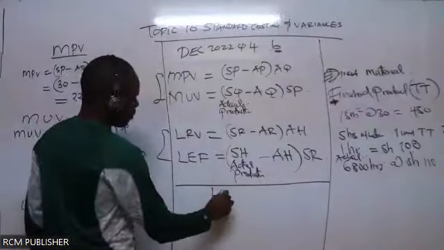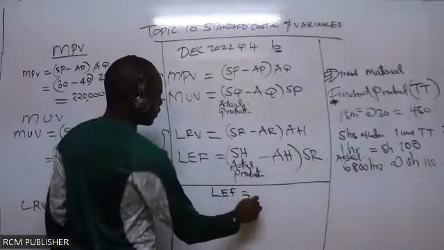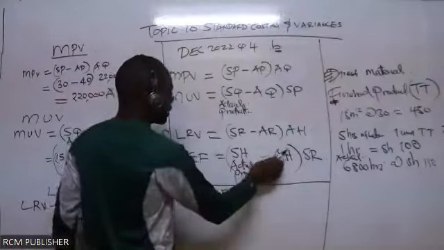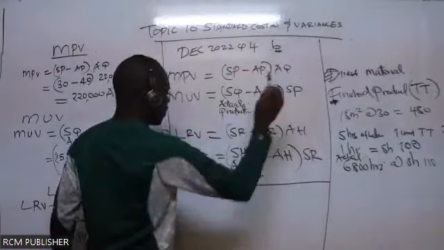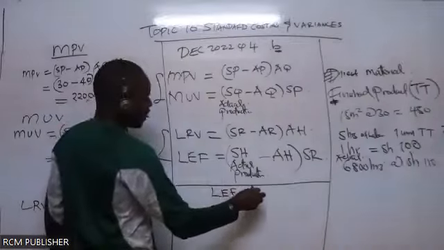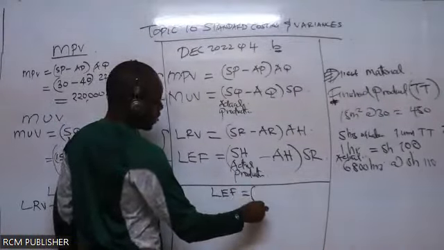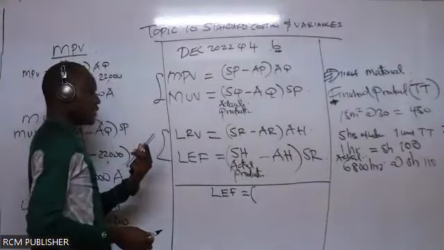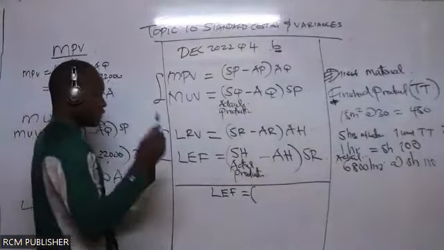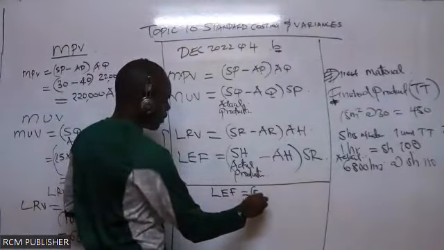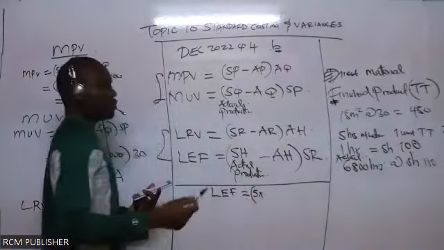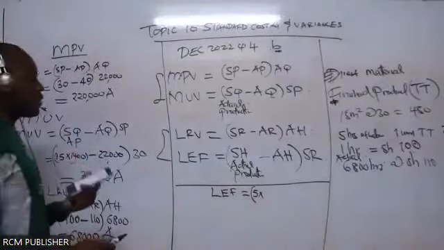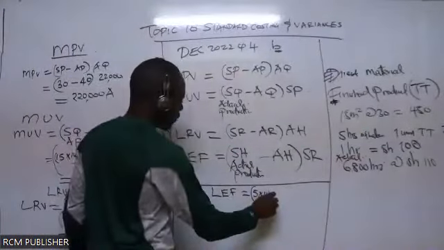So labor efficiency variance is equal to standard hours of actual production minus actual hours, multiplied by the standard rate. The standard hours given there is 5 hours per unit of output. The actual production of the finished product TT, we are told, is 1,400 units.